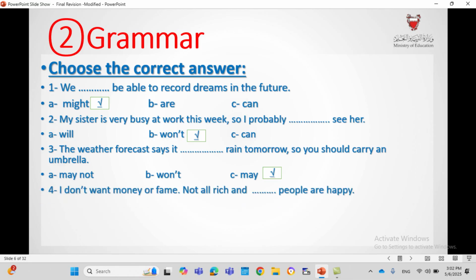Let's come to number 4. I don't want money or fame. Not all rich and blank people are happy. And we have 3 choices: fame people, famous people, and infamous people. As long as you find a noun, it must be preceded by an adjective. So we cannot use fame, because fame is a noun.